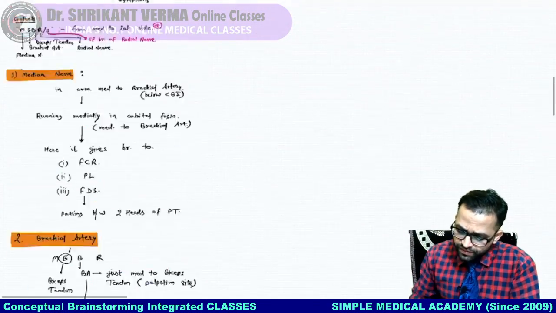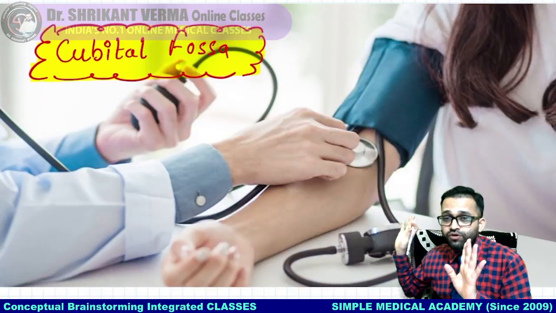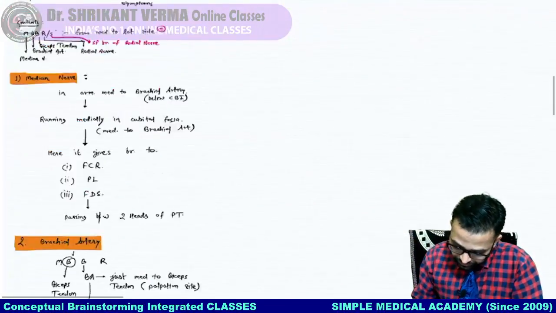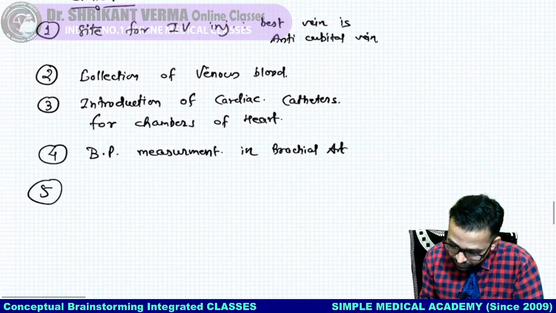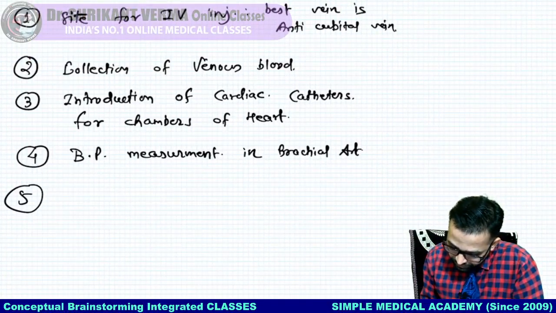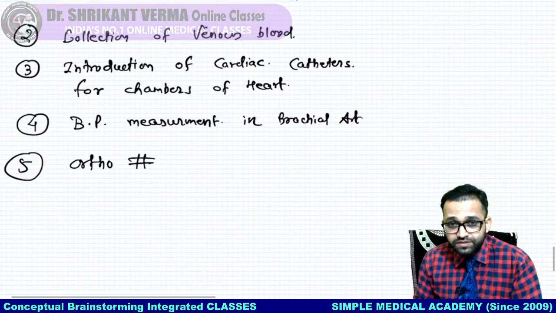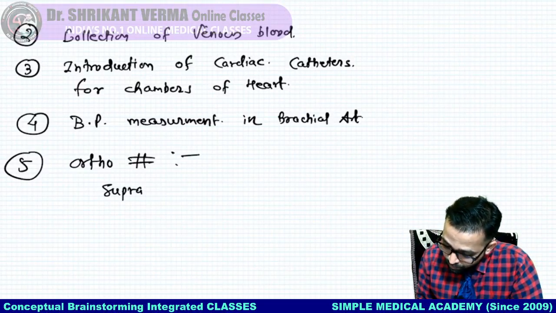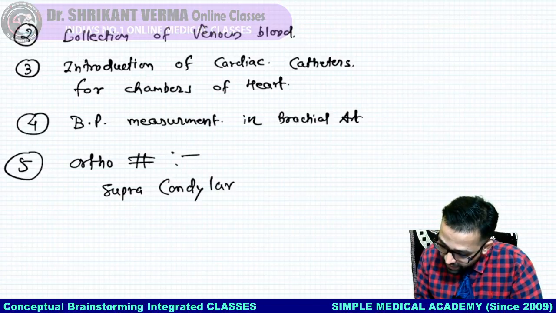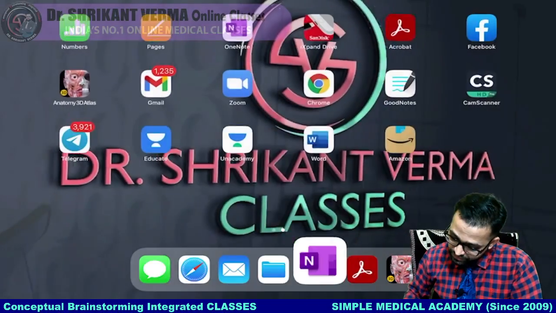Okay, so all these things we have seen, our story started from the same image. This is the importance of our cubital fossa. Okay, and also there is one more scenario, that is ortho fractures. So there are different kinds of fractures, like supracondylar fracture of the humerus.